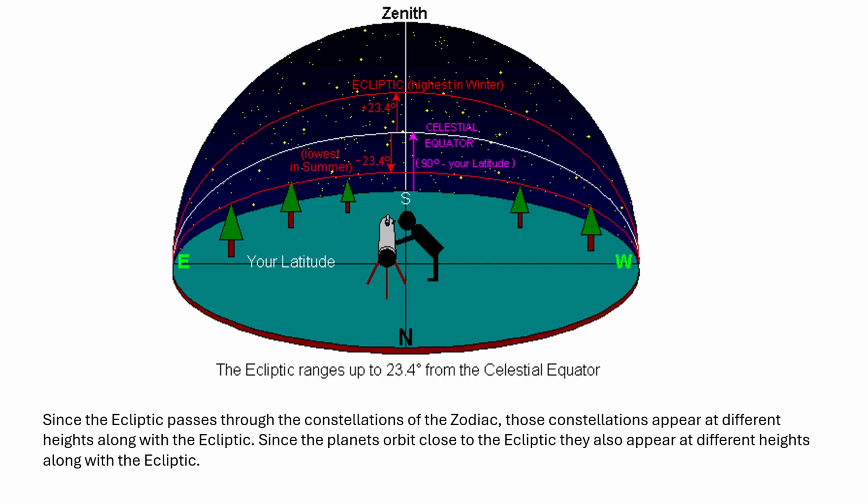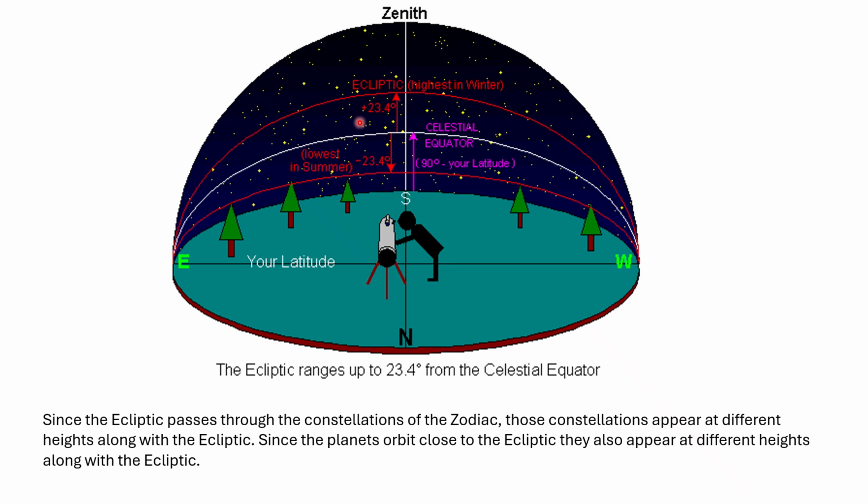The position of the ecliptic also influences the view of the night sky. When the Earth's tilt causes the northern hemisphere to be tipped towards the sun's path, the ecliptic, the sun can be found high in the daytime sky. And when the Earth's tilt causes the northern hemisphere to be tipped away from the sun, the ecliptic can be found low in the daytime sky. During winter, the ecliptic is the highest in the nighttime sky, and it makes it easier to see other planets and asteroids in the winter time.